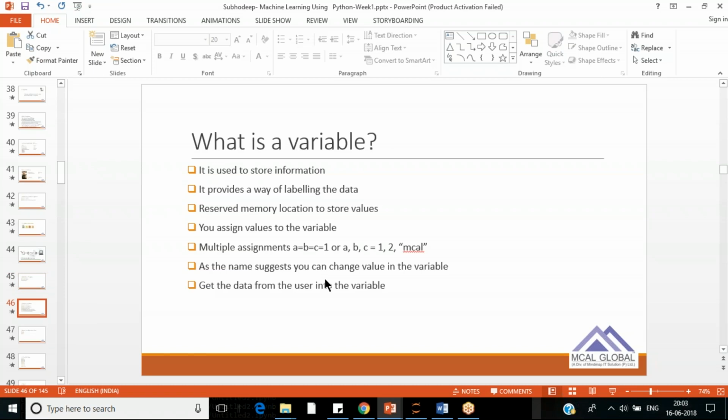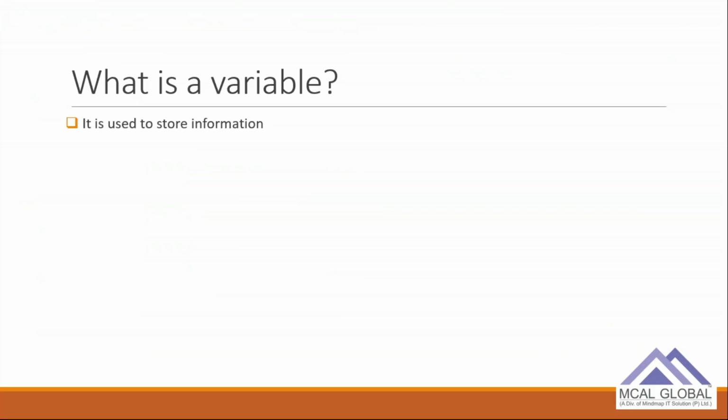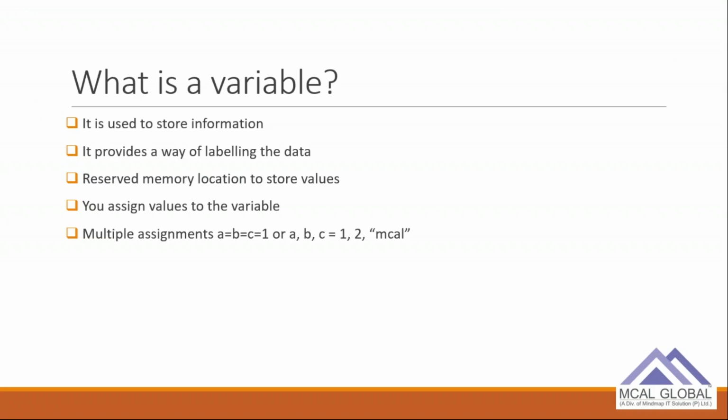So what is a variable? A variable is something which stores a particular value, right? Like str equal to hello. The hello is your data and str is your variable. So you're storing the data hello in a variable called str. It is labeling the data, reserving a memory location to store values.